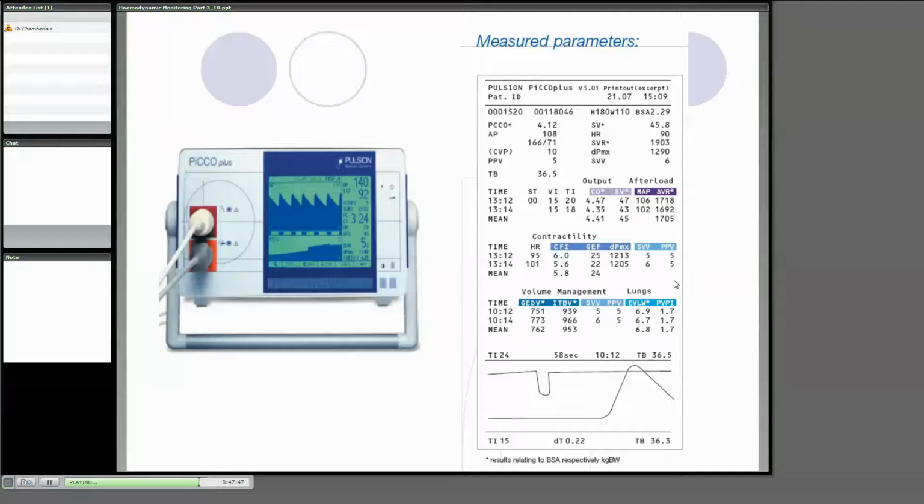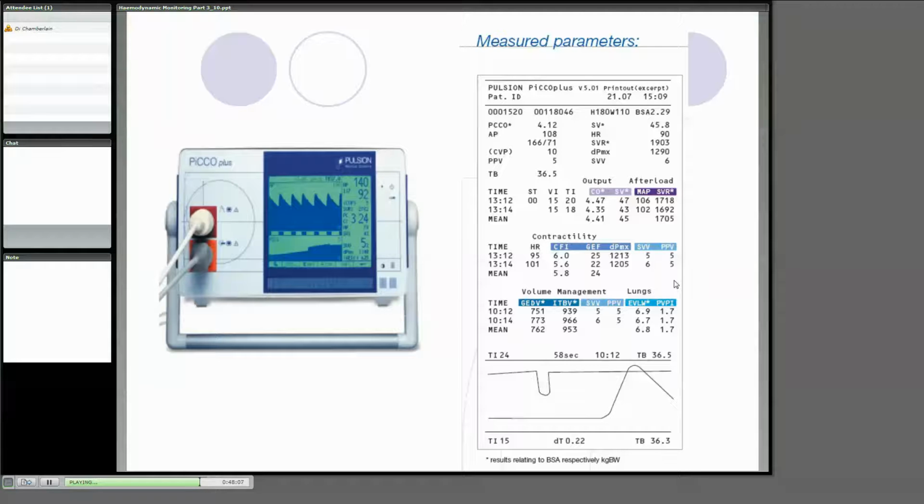I've given you a full sheet of this one too, so you can see the printout there. This is the PiCCO Plus, the second to third model along from when it was first brought out, so it's a lot more sophisticated.